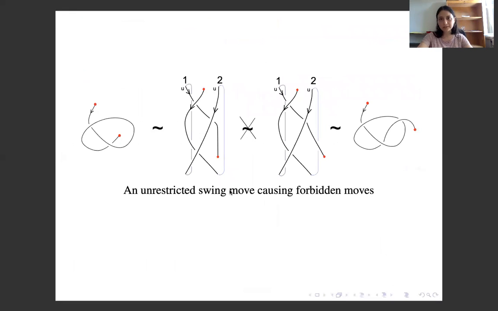So here is a picture to show what happens when we close a labeled braidoid diagram and what happens when we don't restrict our swing moves. So let's start with this labeled braidoid diagram. I close the corresponding ends with the given labels here by using underpassing connection arcs. So I obtain this proper knotoid diagram here.